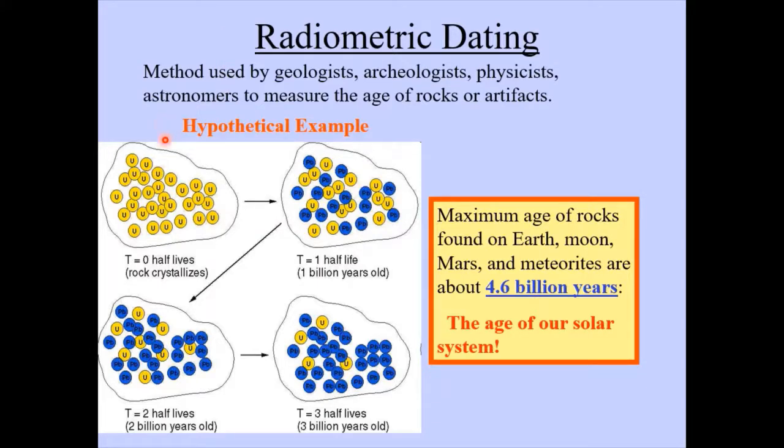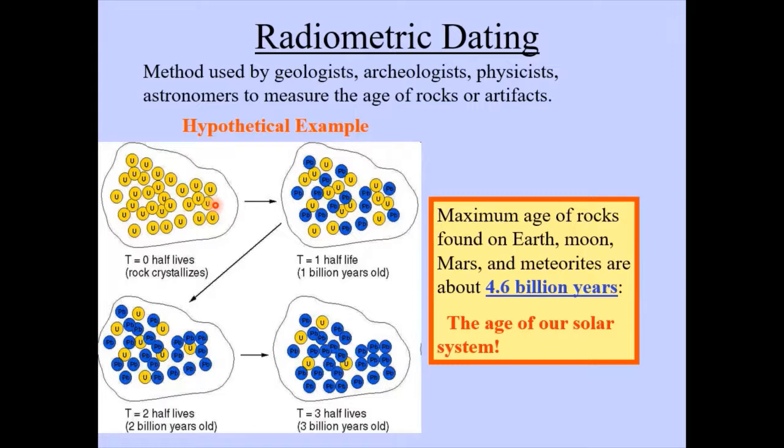Let's suppose that we have a rock, and when it forms in the earth, it has some collection of radioactive uranium isotopes. And let's just suppose, to make the math easy, that this particular isotope of uranium has a half-life of 1 billion years.